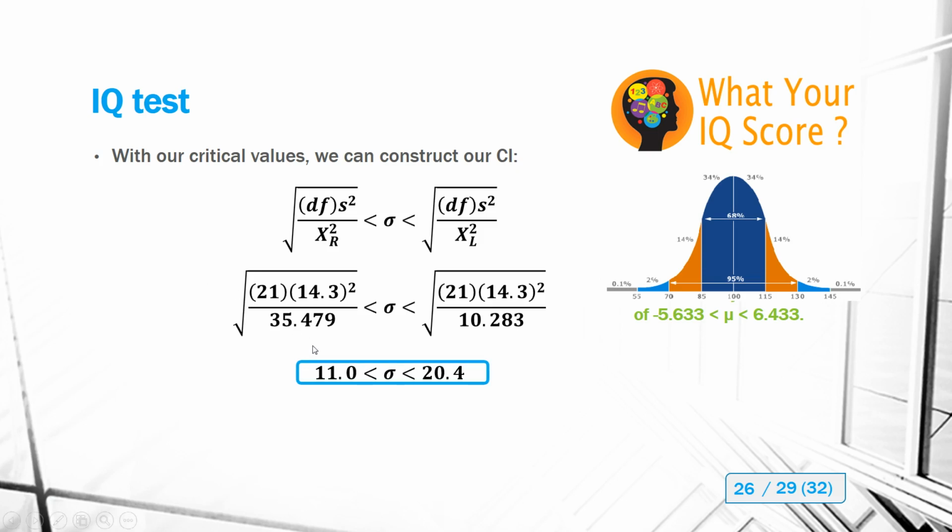Notice that if we swapped these values around, then the values we get out for our upper and lower limits would be reversed, because the upper portion of our fraction on each side of our confidence limit is exactly the same. So the only difference is what's in the bottom of the fraction. So if we actually put the lower one, the one we get on the left side of our distribution, on the left side of our confidence interval, and vice versa with the right, then the 20.4 would be on the left and the 11.0 would be on the right.